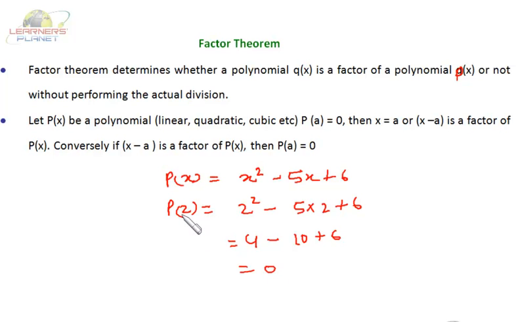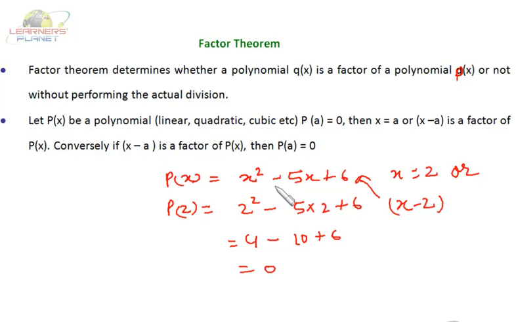That means if I put x as 2, I get the value of this expression as 0, so x minus 2 is a factor of this polynomial.